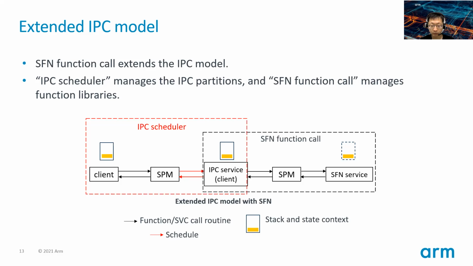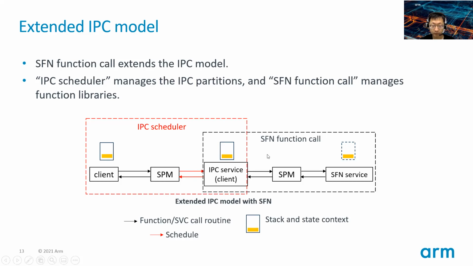A client requests an IPC service by sending requests to SPM. Then the client is blocked and waits for response. The IPC scheduler will schedule the running of all partitions. Only when the target service is scheduled will the request result return to the client. The red arrow in the picture is where scheduling happens.